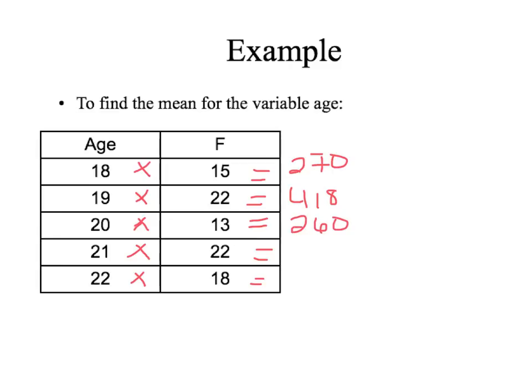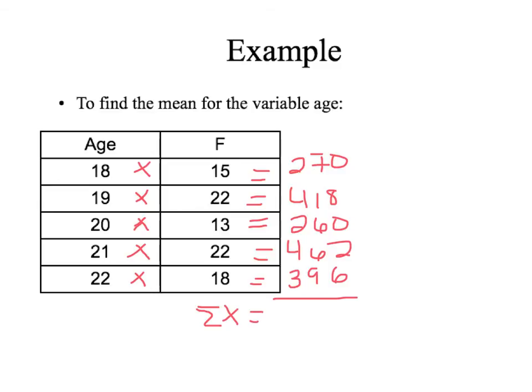And then 21 times 22 is 462. And then 22 times 18 is 396. So if I add all of those together, what I'm going to have is the sum of x.